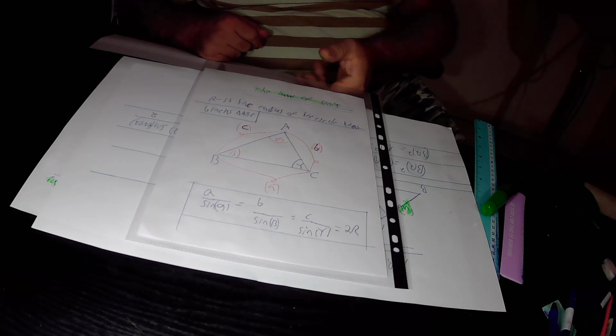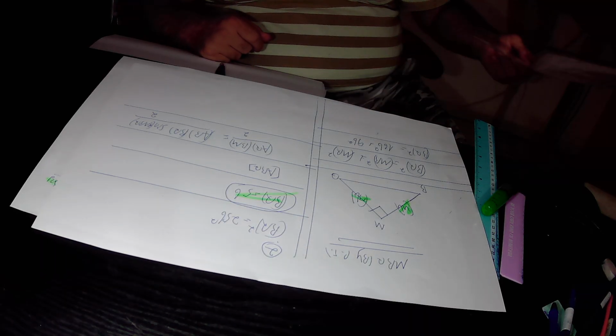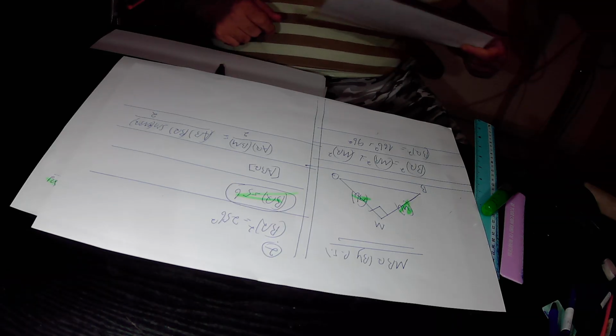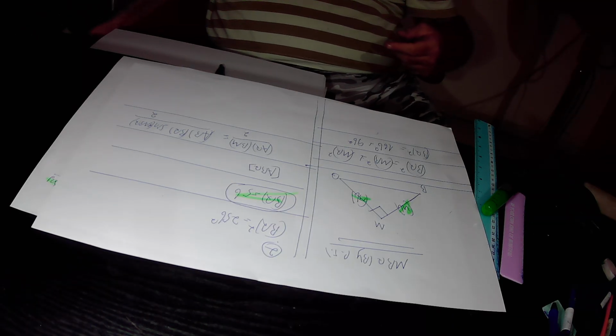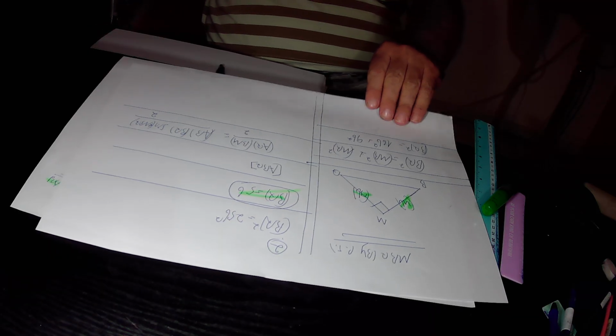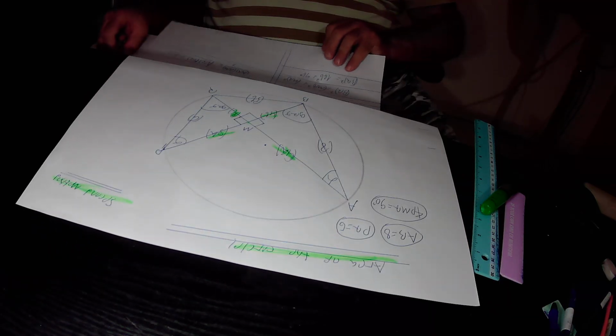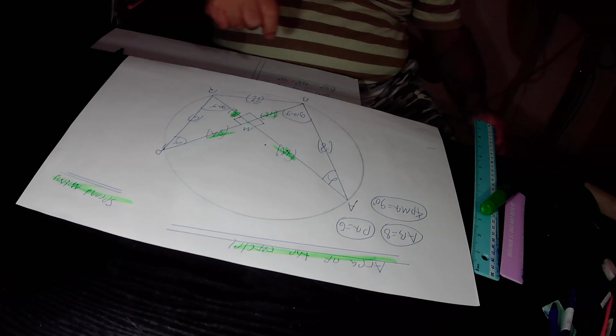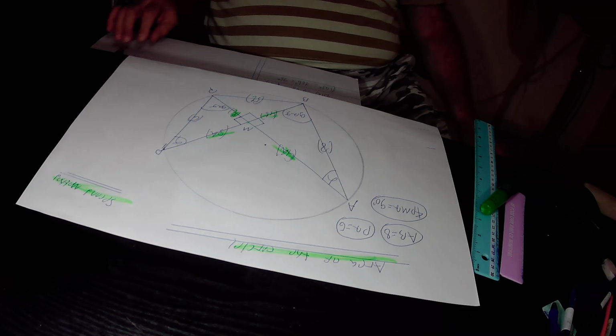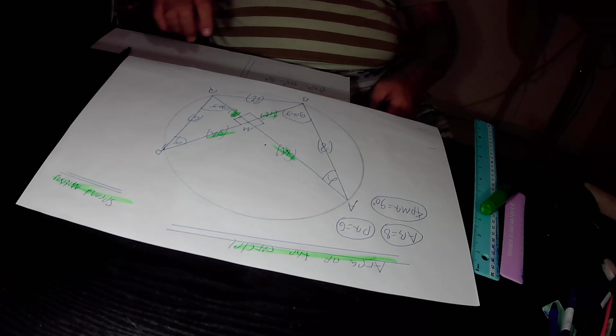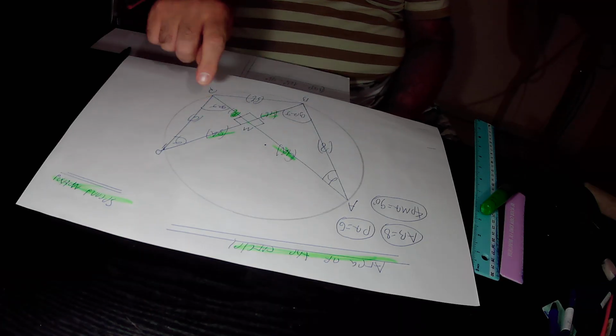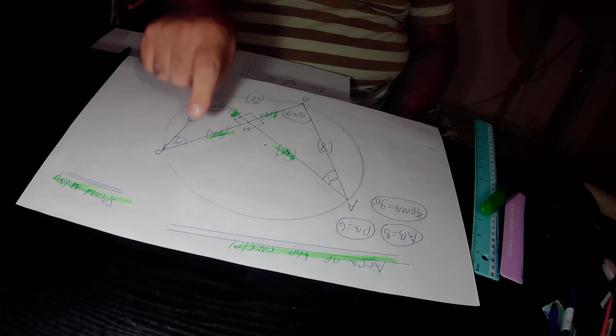We can definitely implement the law of sines in our drawing. Why? Because in our drawing we have a triangle ABQ that is circumscribed by this circle.